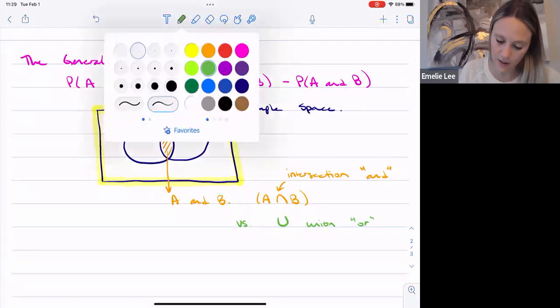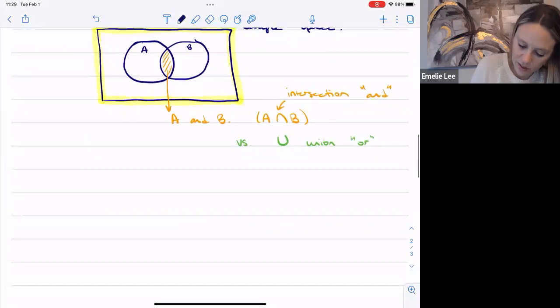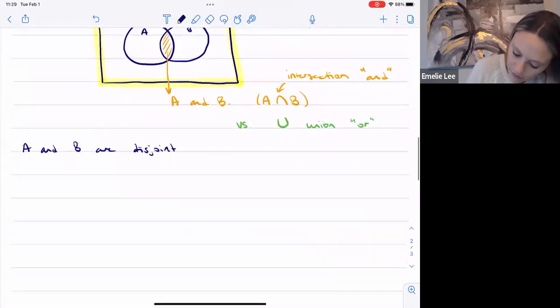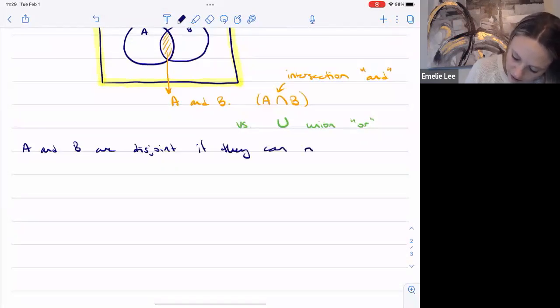And so here I'm going to introduce A and B are disjoint if they can never happen at the same time.